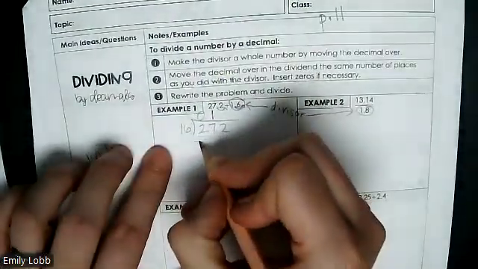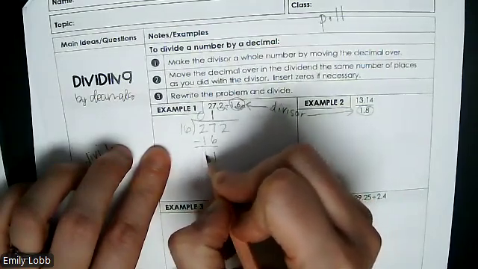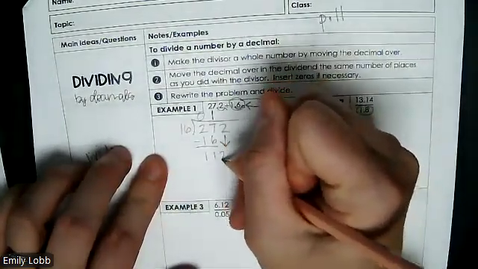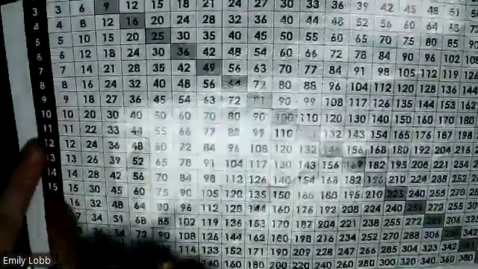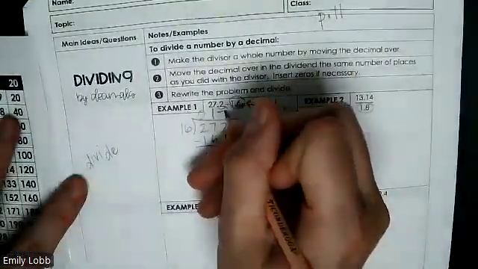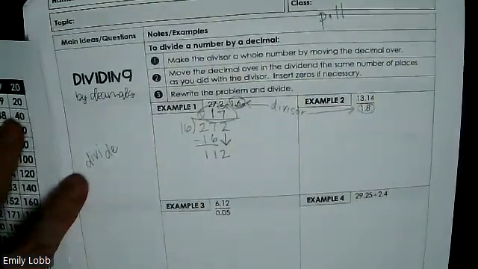So 1 times 16 is 16, so that's what I'm subtracting here. 2 minus 1 is 1. Now remember, I bring down the next number. So I've got 112. Oh, it's even. Woohoo! So that's a 7. So this is my answer, 17. That wasn't so bad, right?